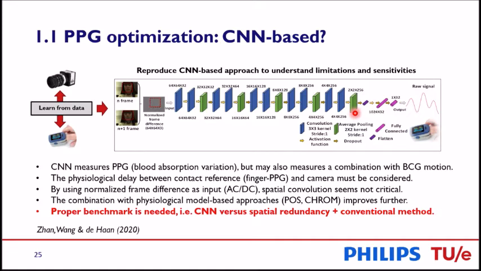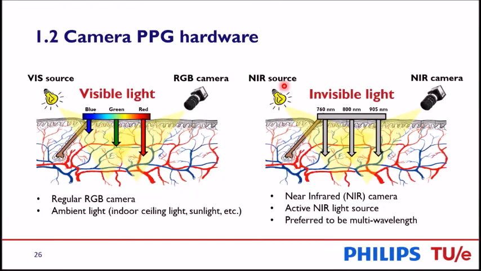And finally, a proper benchmark is needed because we find most CNN works do not properly benchmark against the conventional approach. A proper benchmark should be CNN versus spatial redundancy and the PPG extraction, because the CNN already uses the spatial redundancy.